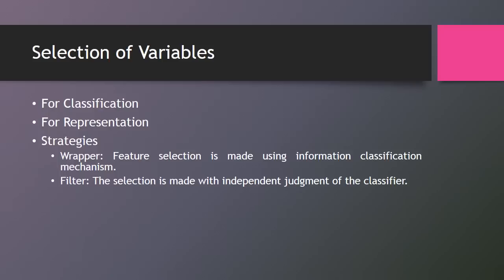For the representation, we need to decide which features better represent certain types of objects. And we have two strategies: the wrapper, where feature selection is made using information from the classification mechanism, and the filter, where the selection is made independently of the classifier.